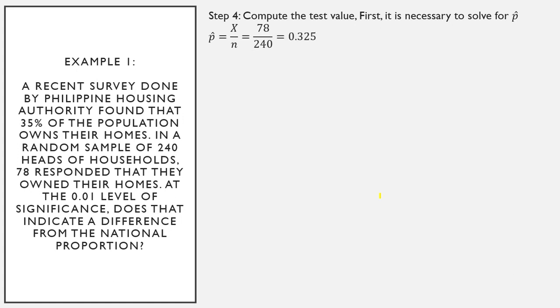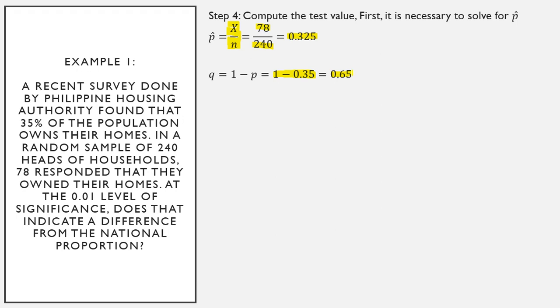So sa pagkuha ng sample proportion, that is just x over n, yung formula po na pinakita ko po sa inyo kanina. And then si x po is 78, while n is 240. So 78 divided lang po yan sa 240, the result is 0.325. So yan po yung sample proportion natin. For letter Q, so 1 minus P or the population proportion, so 1 minus 0.35 is equal to 0.65.